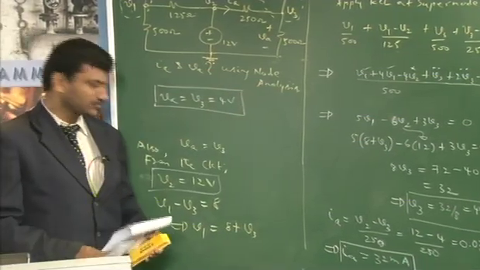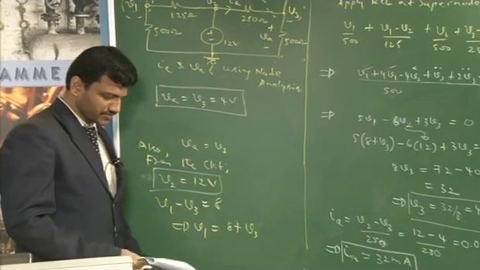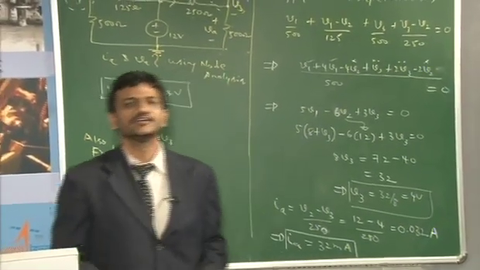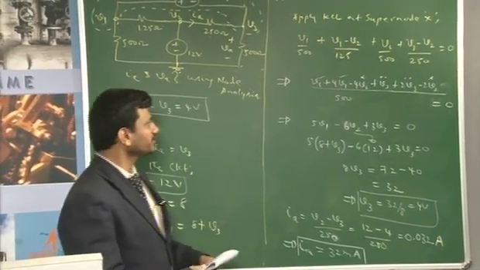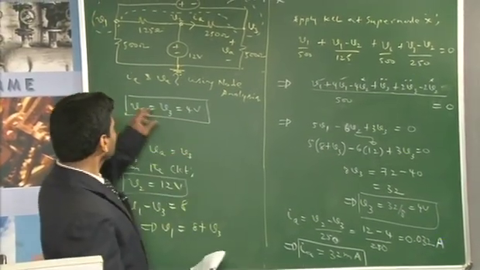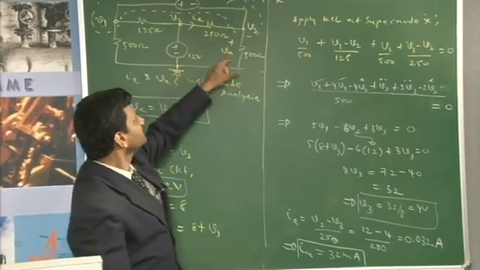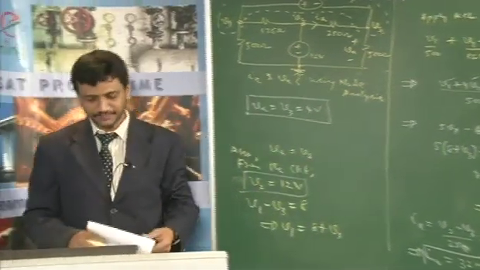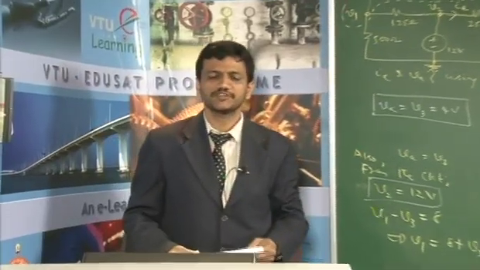Okay. So now what we have done is we have used the concept of super node, and we were able to obtain in an easy way the values of IA and VA here. So let me repeat: when the problem is given, it will not be asked like use the super node analysis. It will be still given as node analysis.